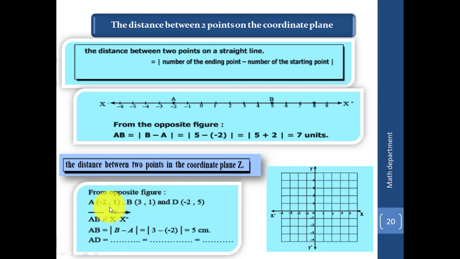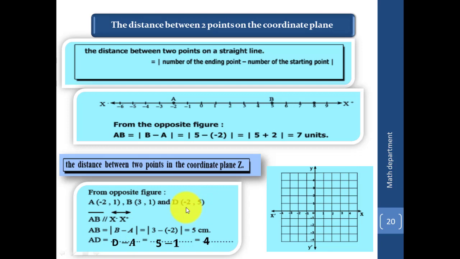A and B have the same number of y, so I will subtract the two numbers of x. AB equals B minus A, 3 minus negative 2, equals what? Equals 5 centimeters.